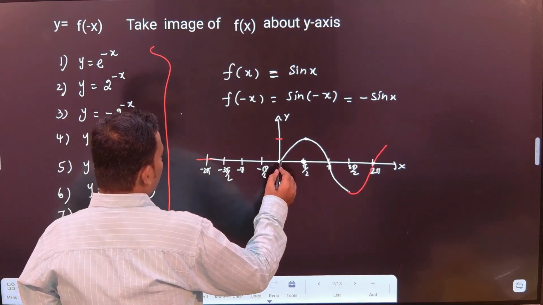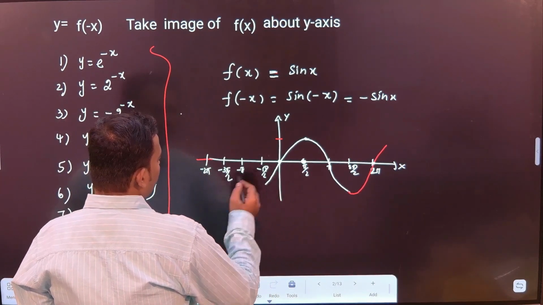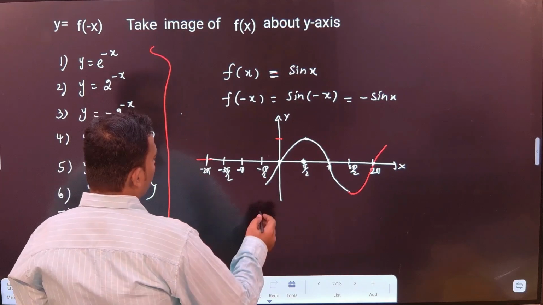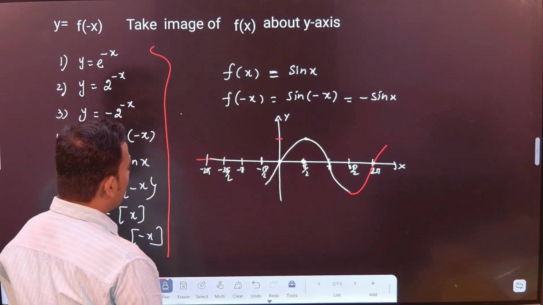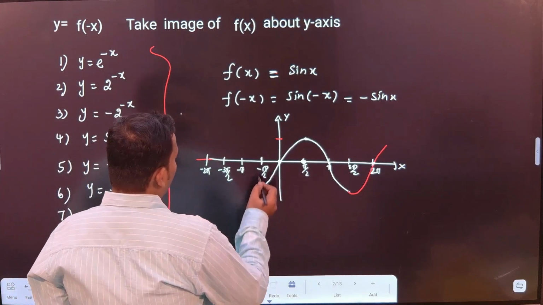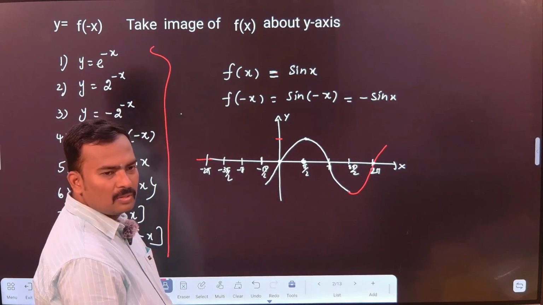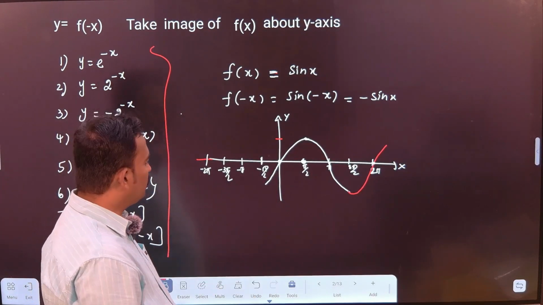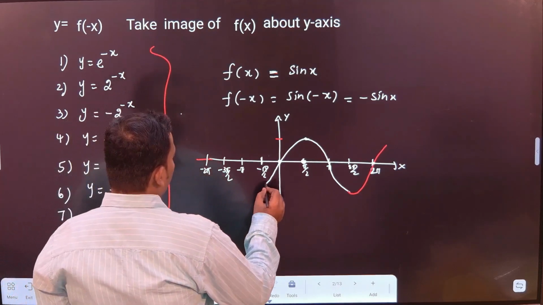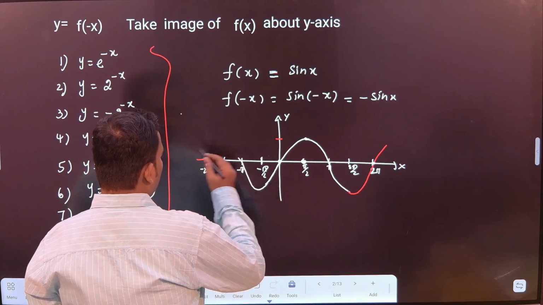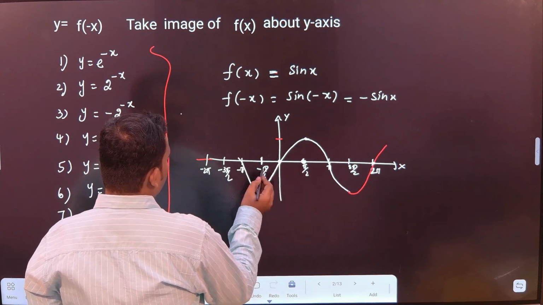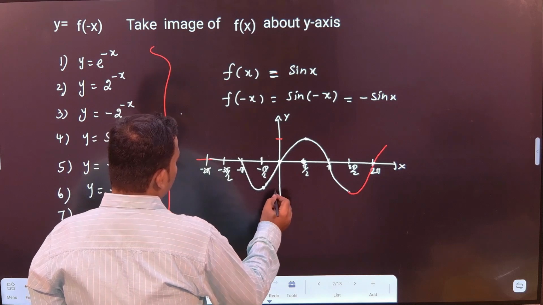The same way you can do this. You can see sine of minus pi by 2 is what? Sine of minus pi by 2 is minus sine pi by 2, right? Okay. So when you take this one, the graph will be, this is minus 1, right?